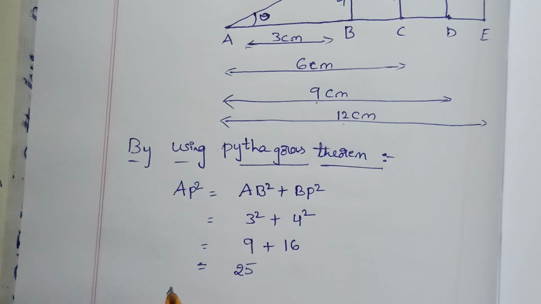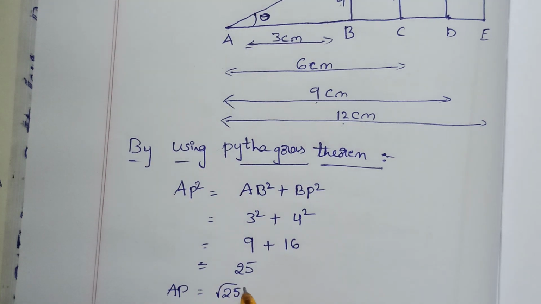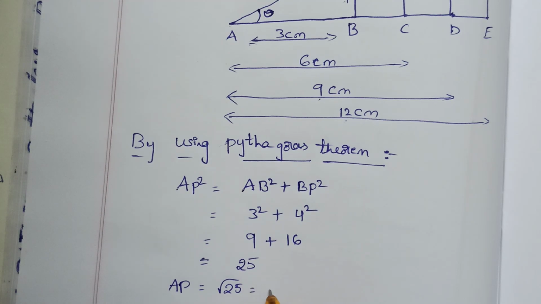So AP equal to square root of 25, that is equal to 5.